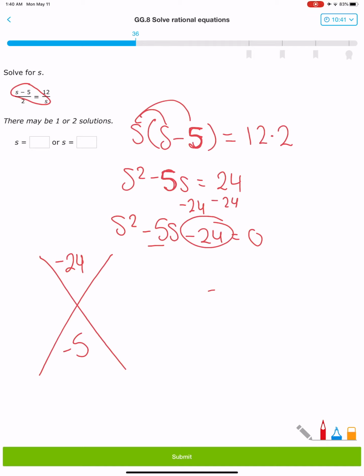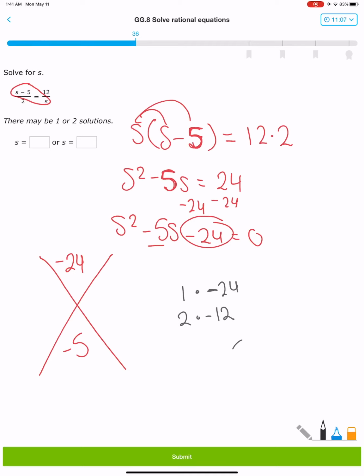We could do 1 times negative 24, right? You add those, that doesn't give you negative 5. We can do 2 times negative 12. Add those, you don't get negative 5.